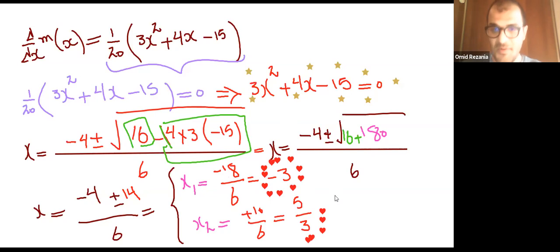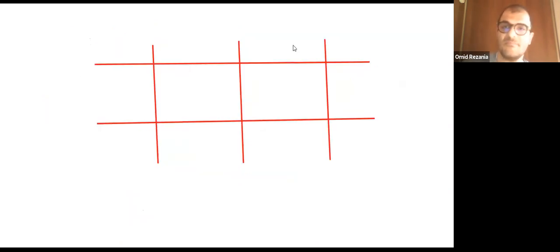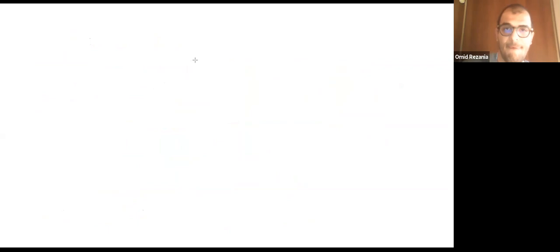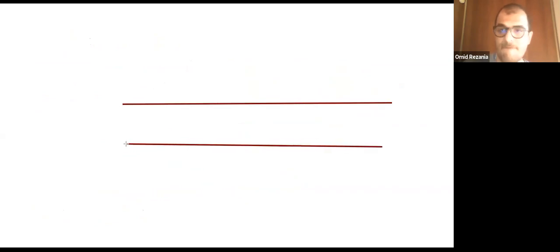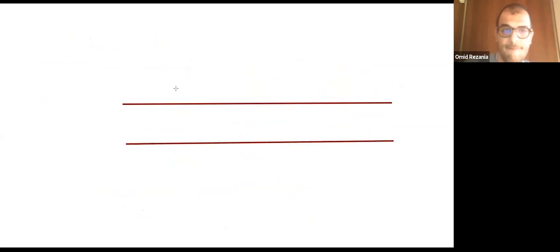Okay, now we have 2 roots, and I'm just going to go to the next page. Put it here. It's going to be for the first root, and this one is going to be for the second root.